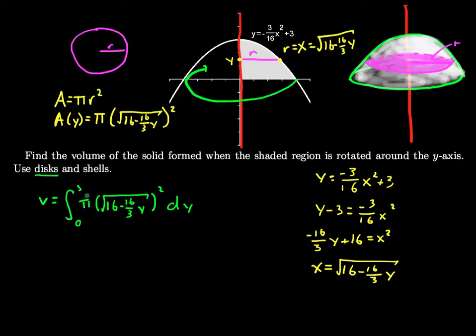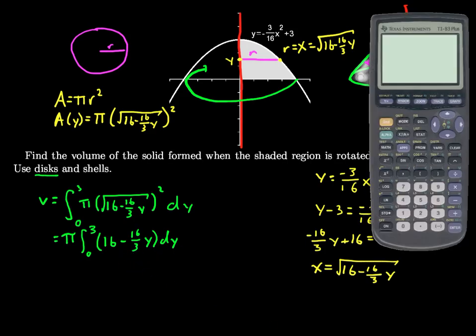You might be more used to seeing this. I can bring the pi out, so that equals pi times the integral from 0 to 3, and the square root squared, well, those cancel, so I'm left with 16 minus 16/3 y dy. I can do this one by hand, it's actually a really easy integral, but I'm lazy. Let me use the calculator.